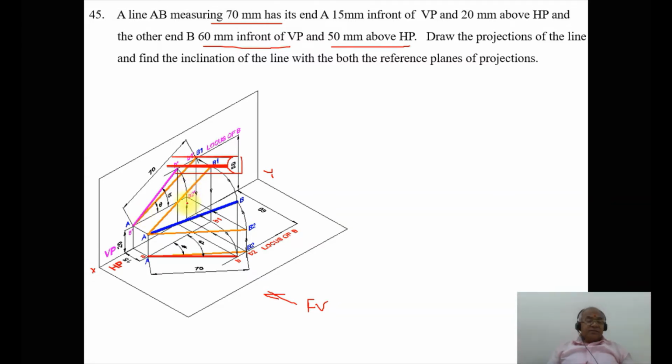But because of the locus of B, which is above HP by 50 mm, that b2 dash will not be above HP by 20 mm, but it should be above HP by 50 mm, such that the length of the line, small a dash b2 dash, should not alter.